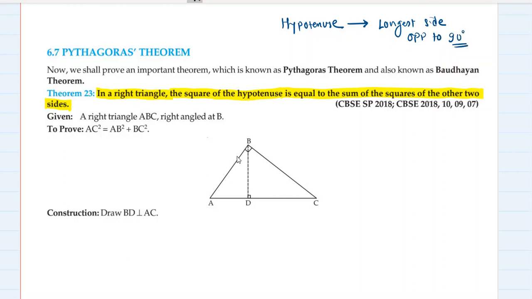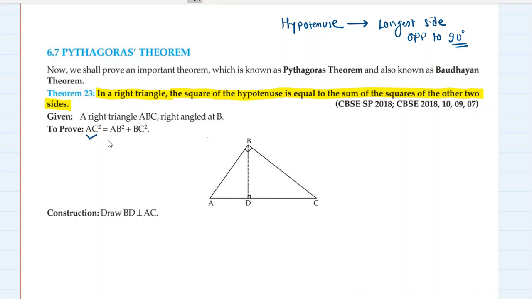So in triangle ABC, angle B is the right angle. Which side is opposite to angle B? AC. So hypotenuse is AC. So what is Pythagoras theorem? It says that square of the hypotenuse, AC square, is equal to the sum of the squares of the other two sides.